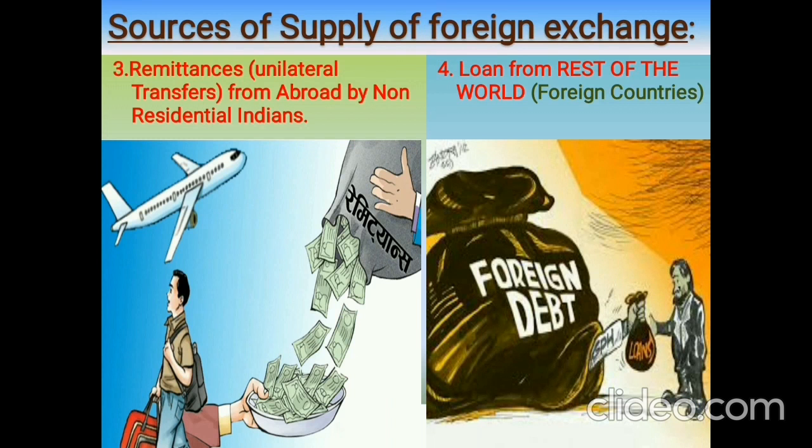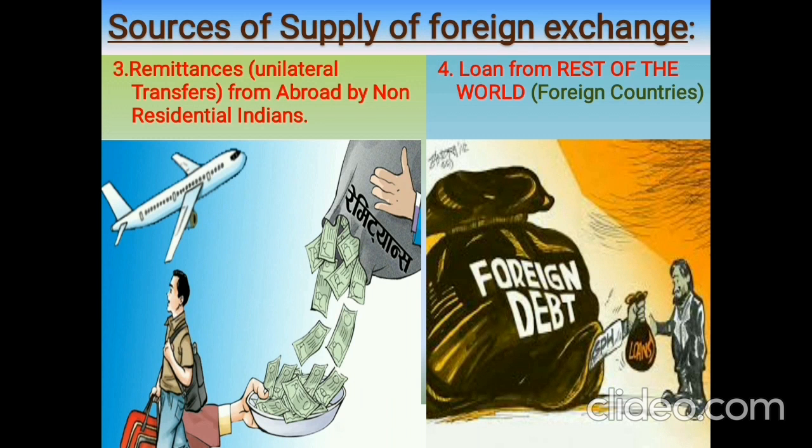They are sending foreign exchange to their families, which is a major part of our supply of foreign exchange. Fourth is loans from the rest of the world. We can get loans from foreign countries or international agencies in foreign currencies. It also makes up our supply of foreign exchange.